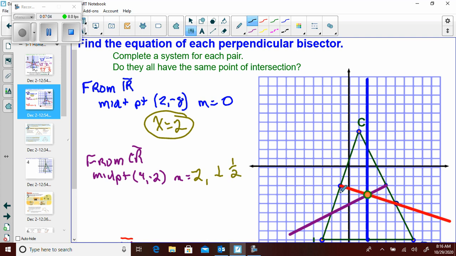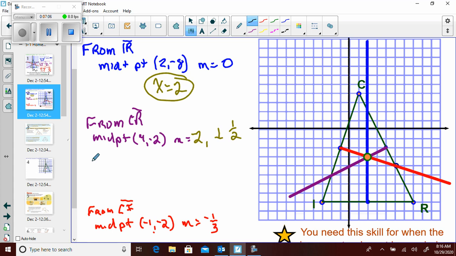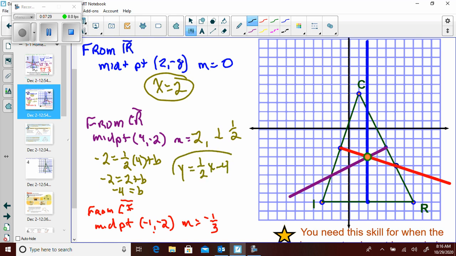So to find that equation, we take -2 is 1/2 times 4 plus b. Right? Remember, that's how we're finding the equation of the line. -2 is 2 plus b. b is -4. So I have y equals 1/2 x minus 4.